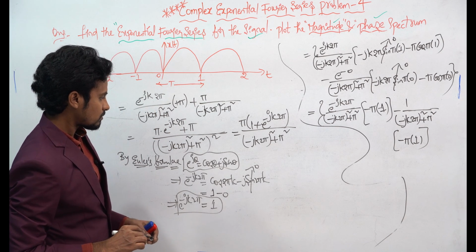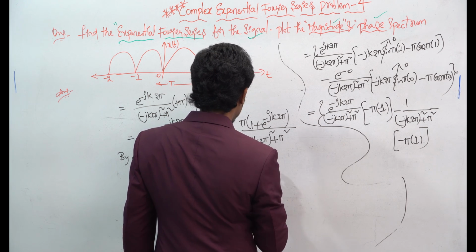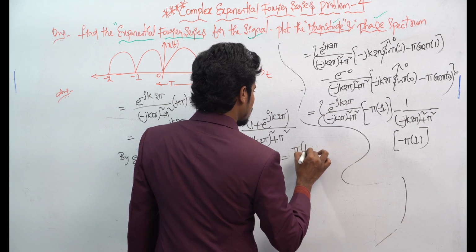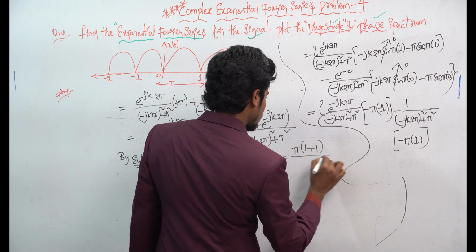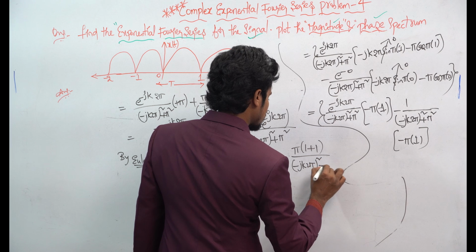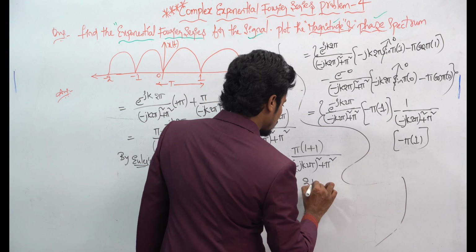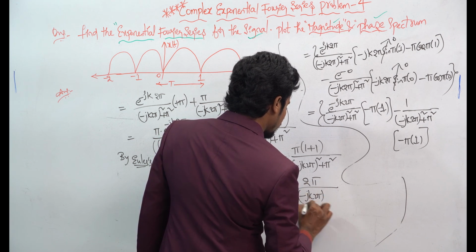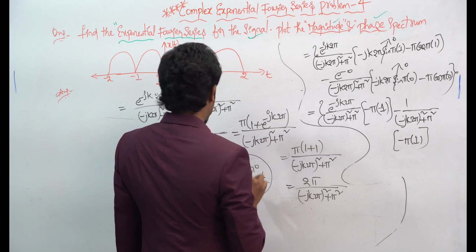So this is pi into 1 plus 1 divided by (minus jk 2 pi) whole square plus pi square. This will become 2 pi divided by (minus jk 2 pi) whole square plus pi square, right?